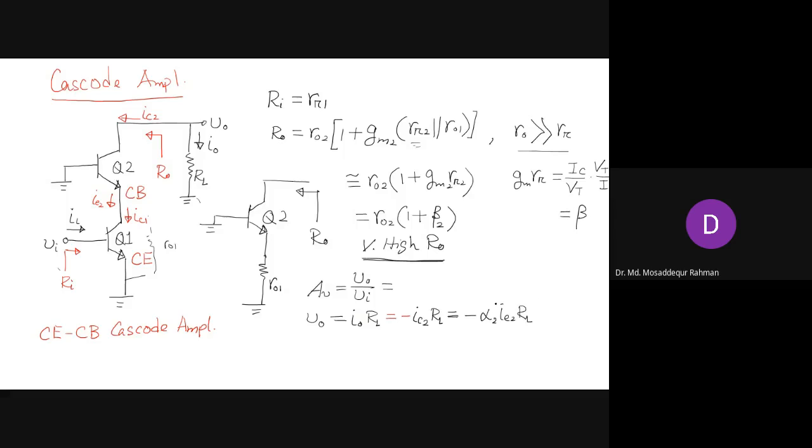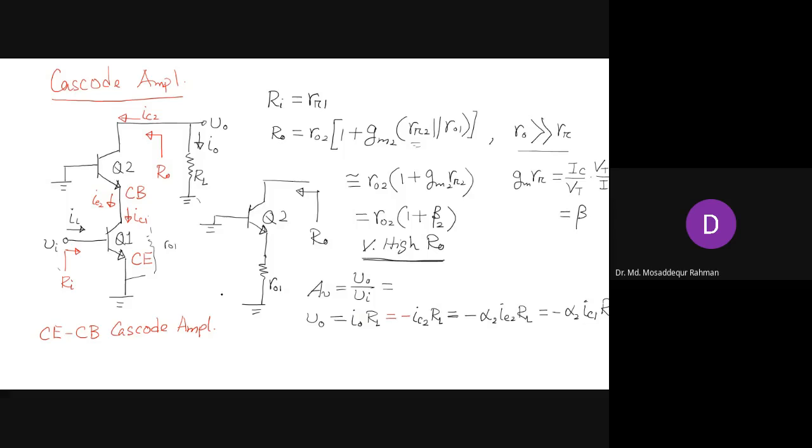IE2 is same as IC1, so again we can substitute that. So we have alpha 2, and we have IC1 times RA. So that's it, right?